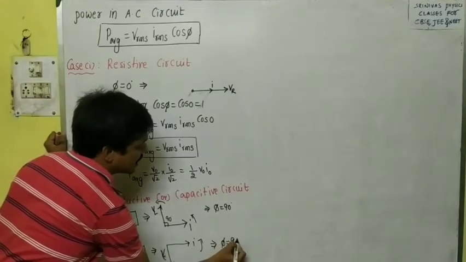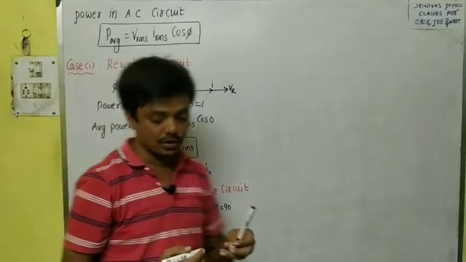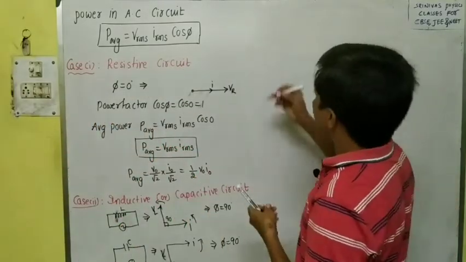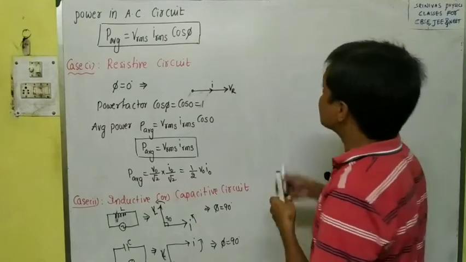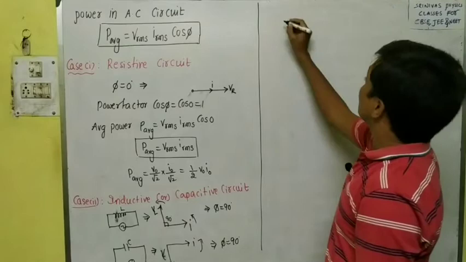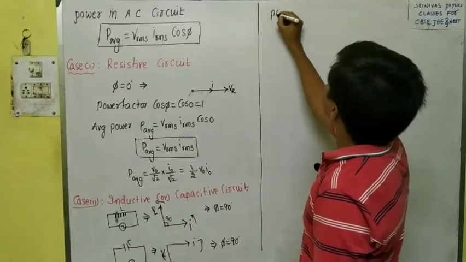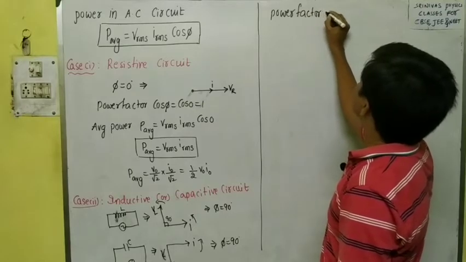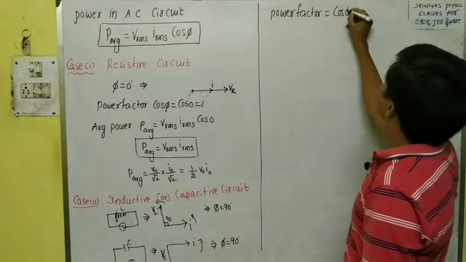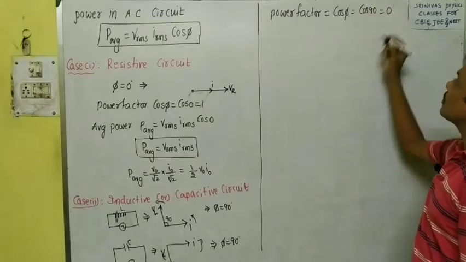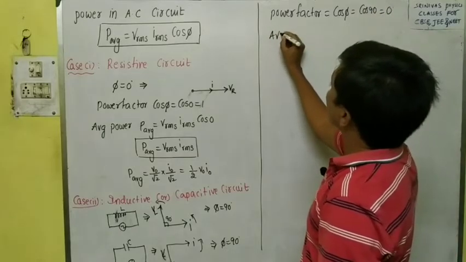That means in either an inductive or capacitive circuit, through the phasor diagrams we know the phase difference is 90 degrees. Then the power factor is cos phi, that is cos 90, which is 0.